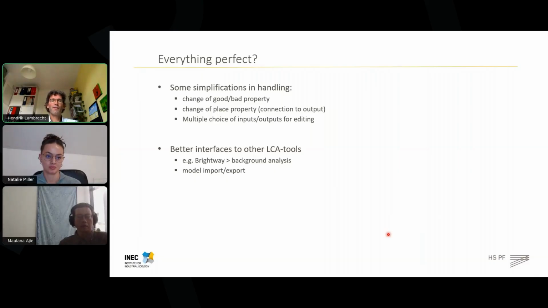And even though I think that from the modeling perspective, Umberto is in some regards better than Brightway, there are other points, when it comes to background analysis, where I personally prefer Brightway. So I would really like to have a better interface between those two software, but between others as well. I think this would be quite useful also for the students once they come from their studies to real life work and use other software as well.